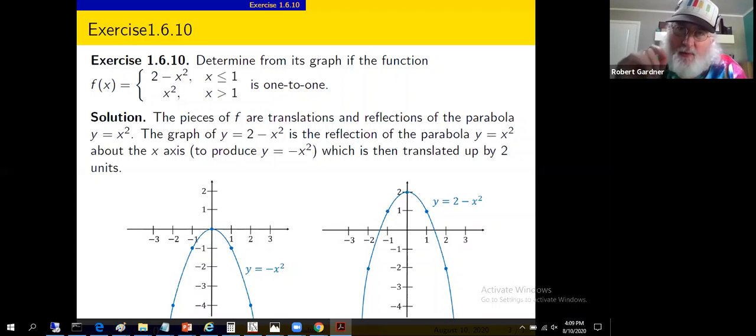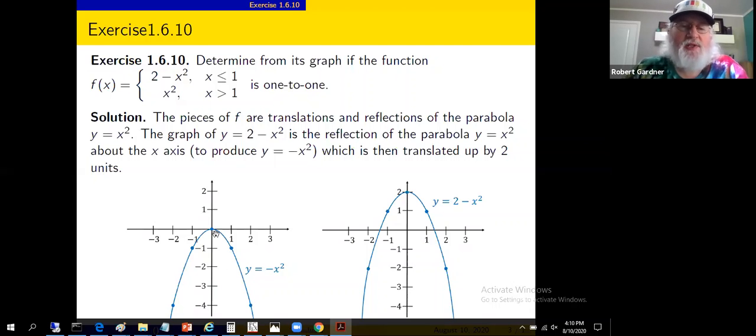Plotting points is a bad way to graph, unless there's special points and you know why they're special, or there's special points and you already know the shape of the graph, and you know the shape of an x squared graph. It's a parabola. A quadratic function has a graph that's a parabola.